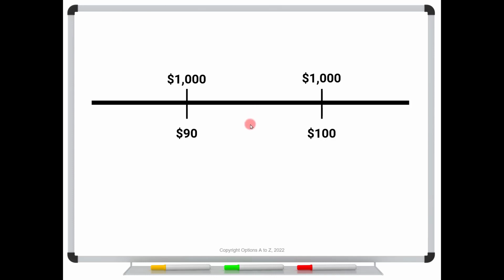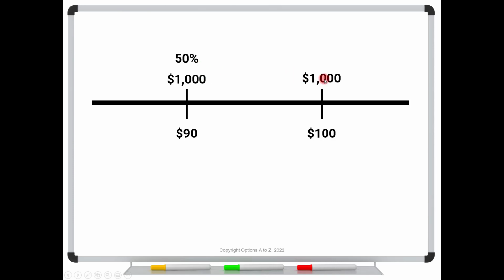But there's a different way we can come up with the same answer. It's going to appear to be more complicated now, but you're going to see that this is what makes it super easy for the more complicated problems. So let's take a look at the total dollars you've put in. You have $2,000 total, and at 90 you have 1,000 of the 2,000 invested, or 50%.